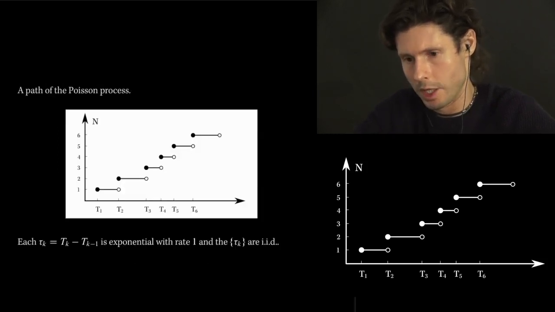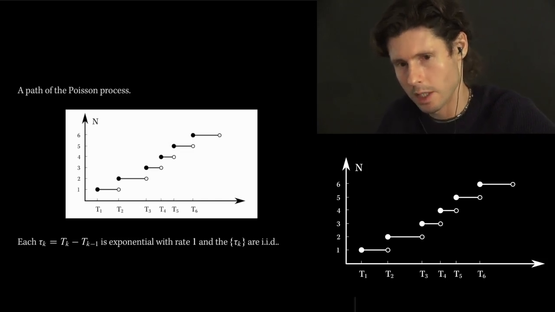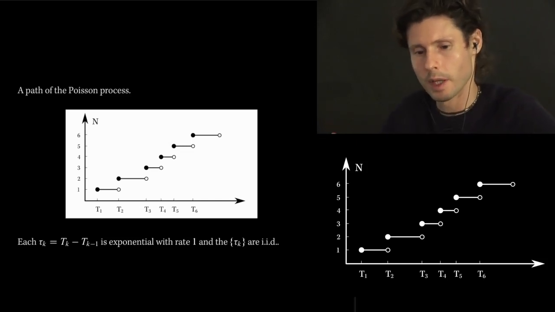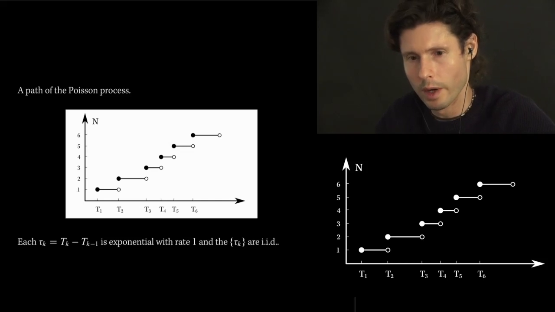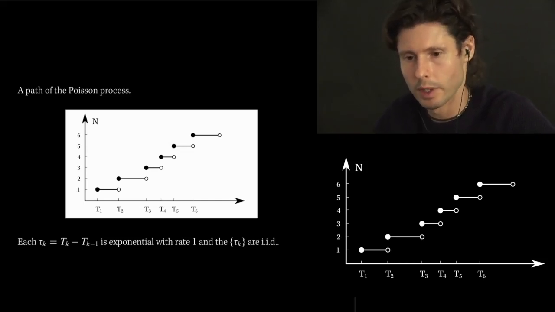So I just want to summarize this picture again in terms of what we saw. We know by now that the Poisson process is always going to have this staircase type of behavior to it, where it will essentially count events.